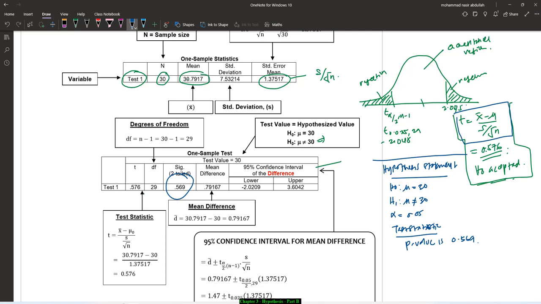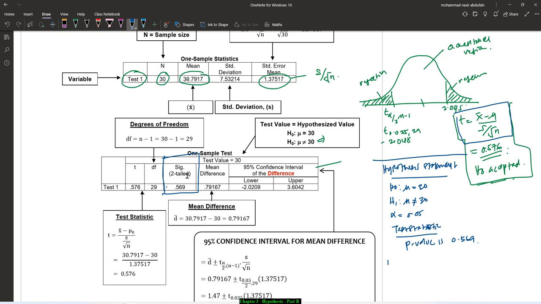Remember, I repeat again, if they give us the old output with one value only, this is the old output. In your test number 1 later, and our final exam, they give us the old output. So if you have a one-tail test, you need to divide by 2. If they give a two-tail test, you don't need to divide by 2, just take it as it is.